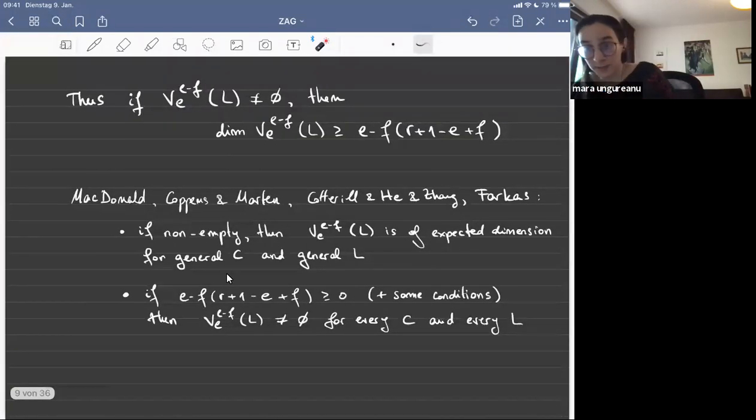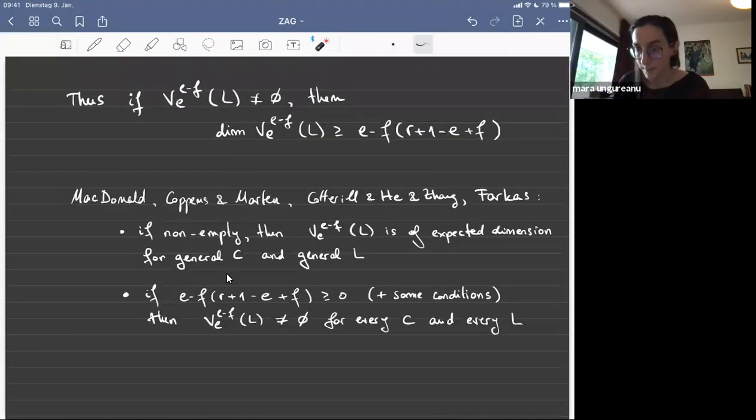So there's been a lot of work from a long time ago and up to quite recently. So McDonald has computed, for example, when this guy is equal to 0, a really complicated but really good formula that gives you the numbers that you want.